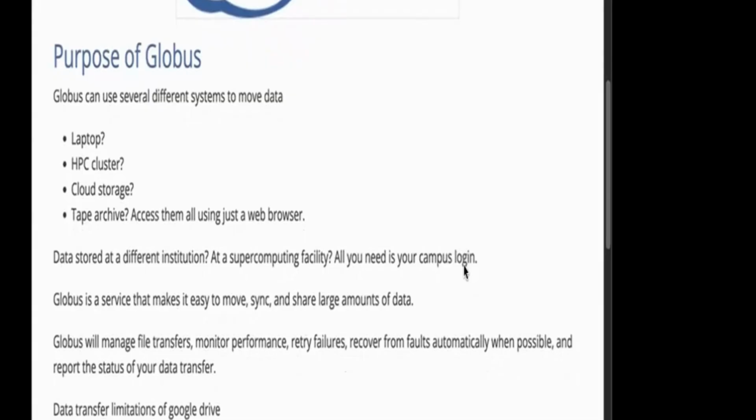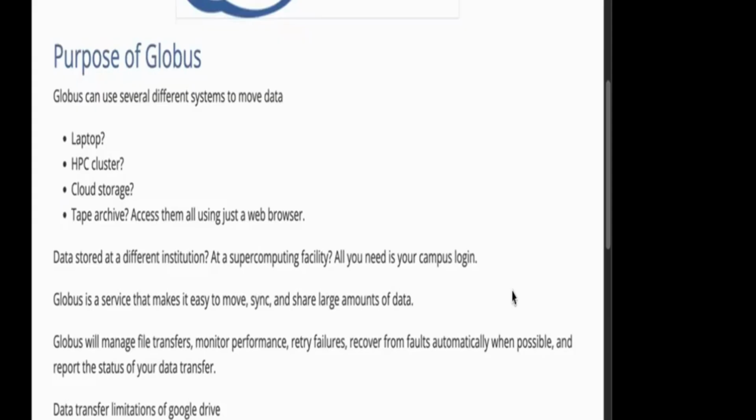Data stored at a different institution, so there are places like NCAR. There are some commercial bioinformatics places that, if you send samples out to have genome data or whatever, may offer Globus as a transfer protocol.